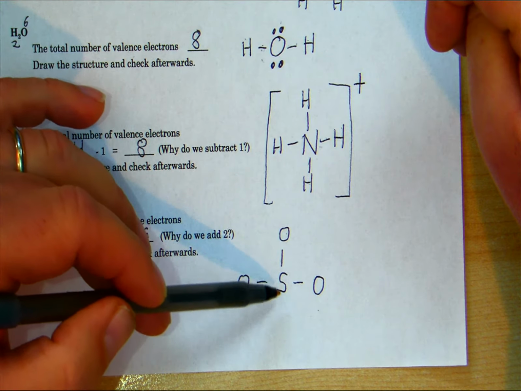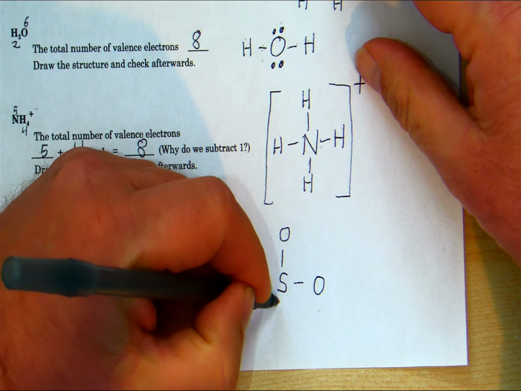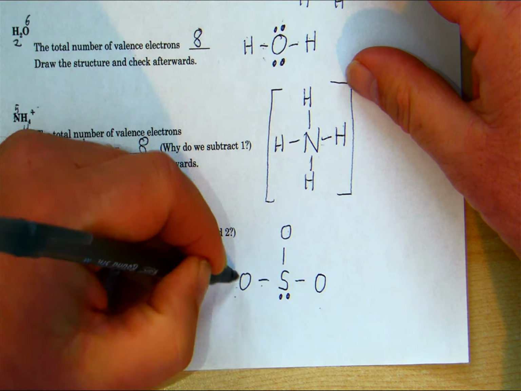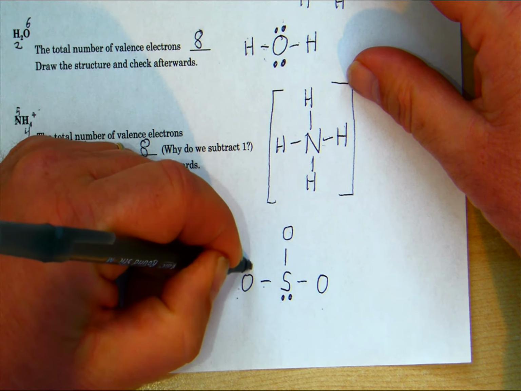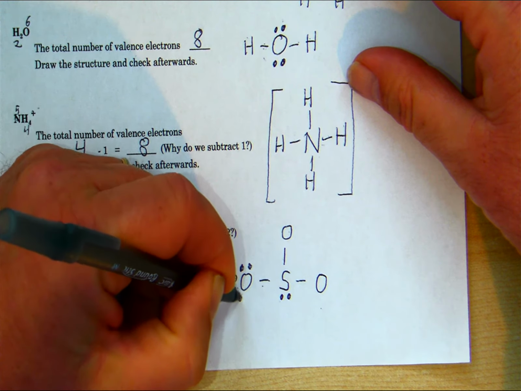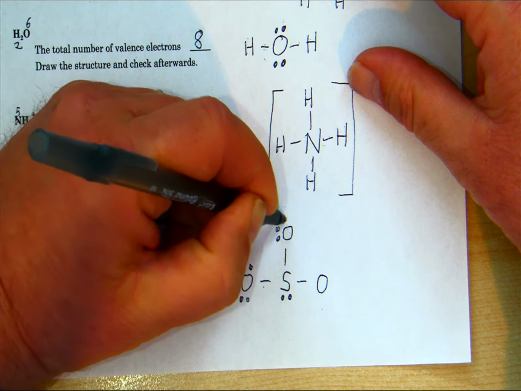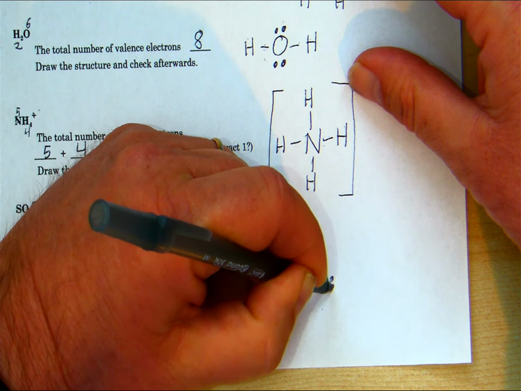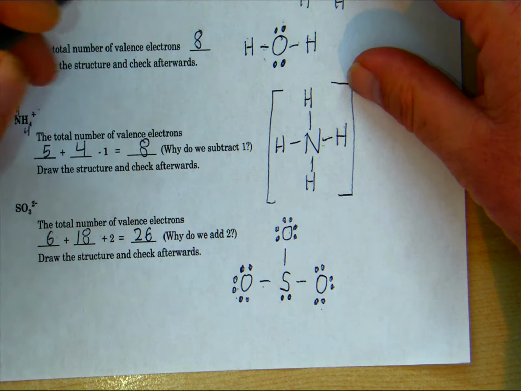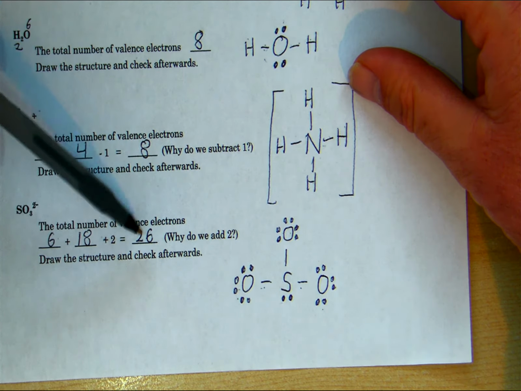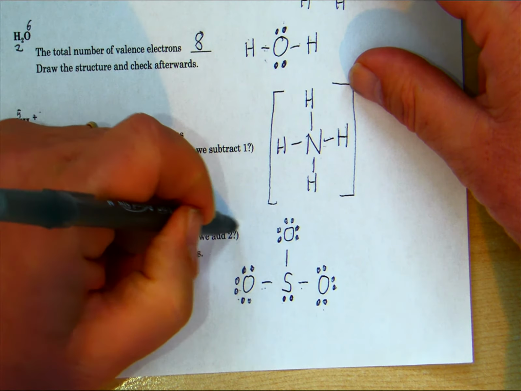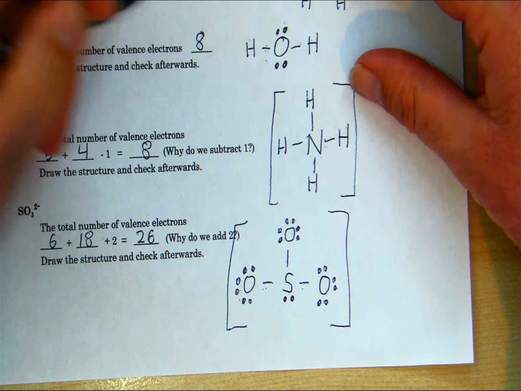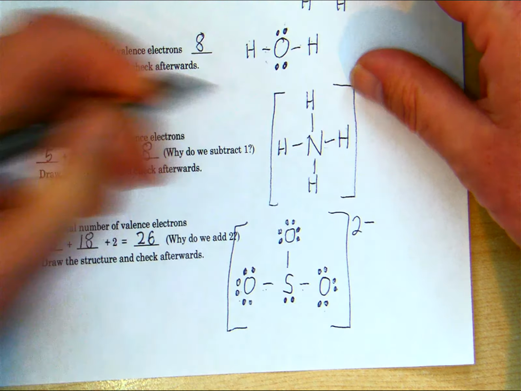If I then put the last 2 on sulfur, that will take care of 20 valence electrons. So 2, 4, 6, 8, 10, 12, 14, 16, 18, 20, 22, 24, 26. There's our total. Again, showing the world this is not a neutral molecule, but instead it has overall a 2 negative electric charge.